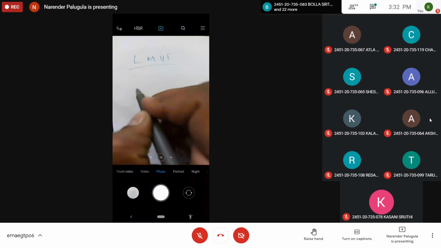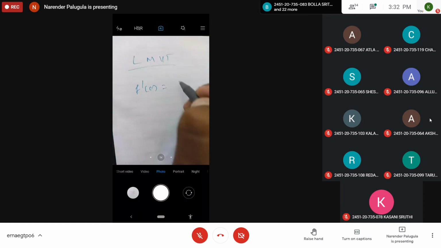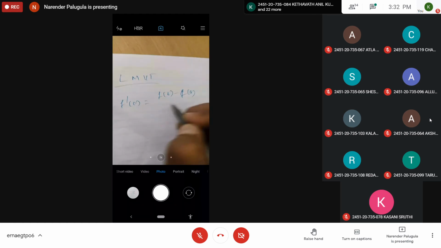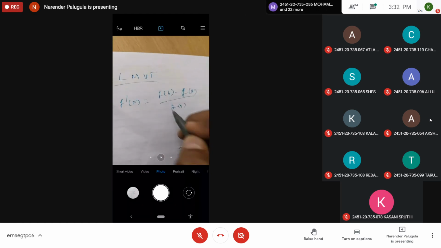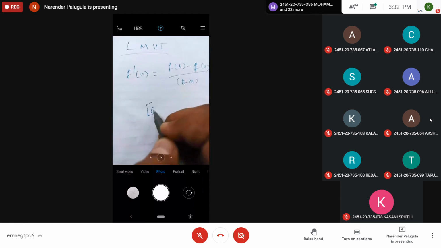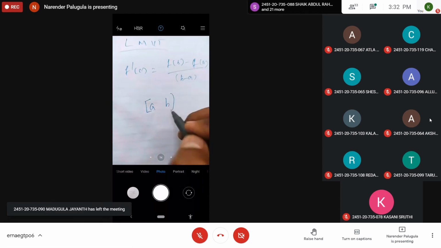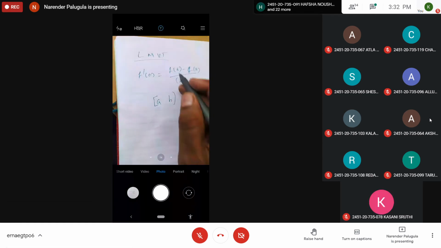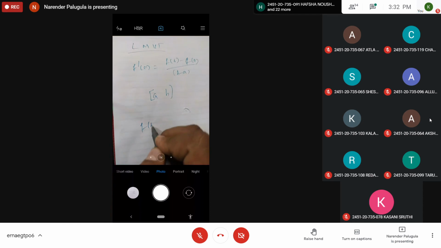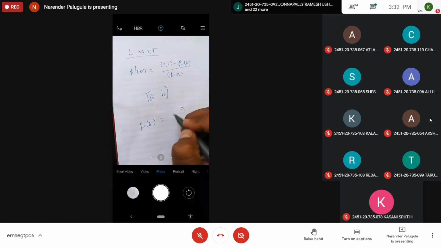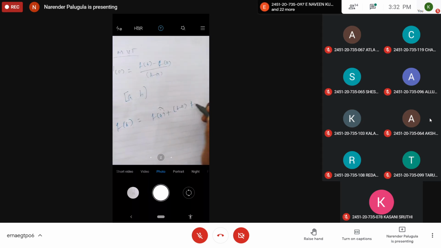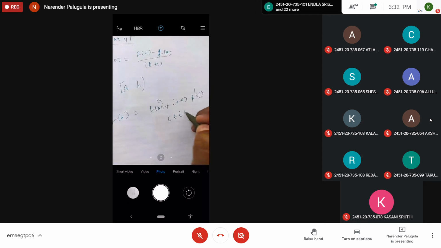The conclusion: f dash c is equal to (f of b minus f of a) by (b minus a). Here, what is a, what is b? a is one corner, b is the other terminal, the end point of the interval. Using this theorem, let us write f of b: f of b is equal to f of a plus (b minus a) into f dash c. What is this c? c is also a point between a and b.